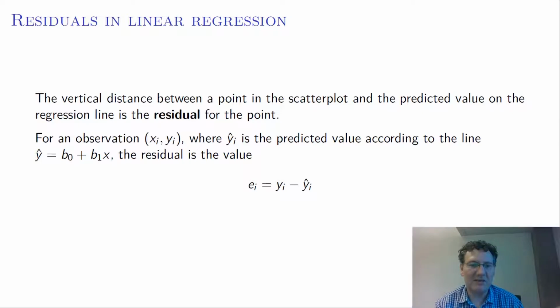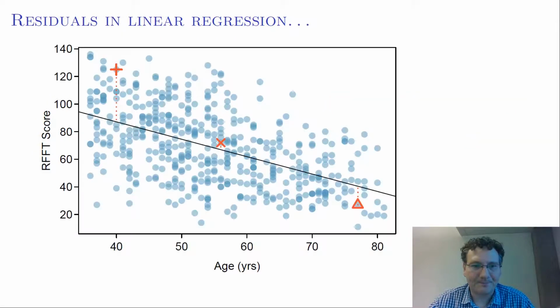You can look at the difference between what the actual value y was and the predicted value based on this model. That difference is what's called a residual, or informally, an error. We give them the notation e, so the e values are the residuals.